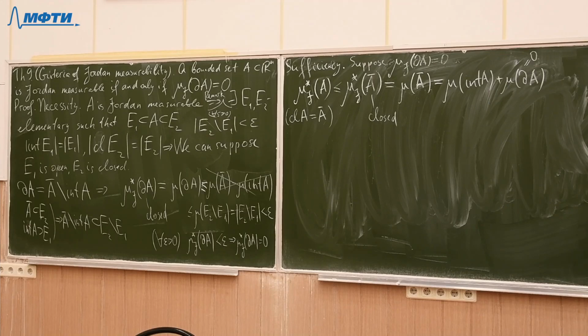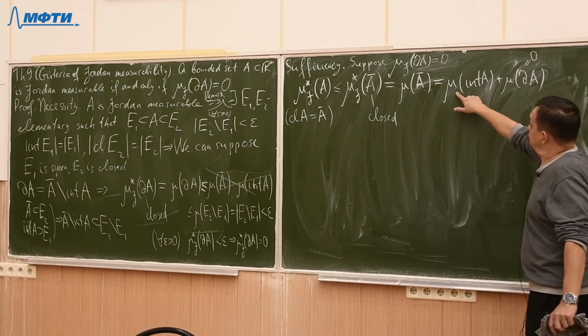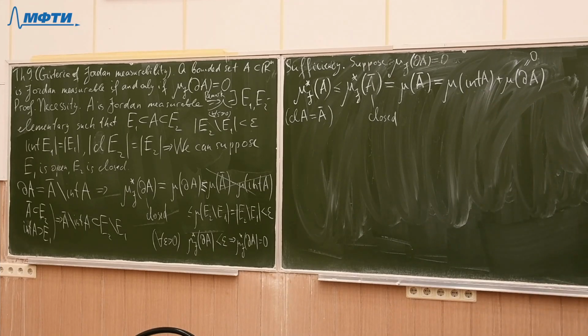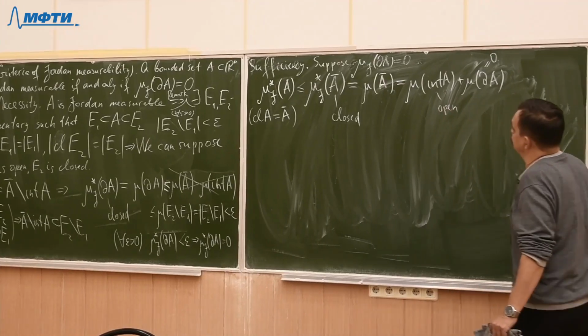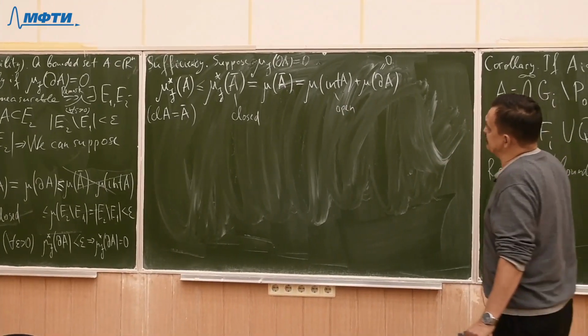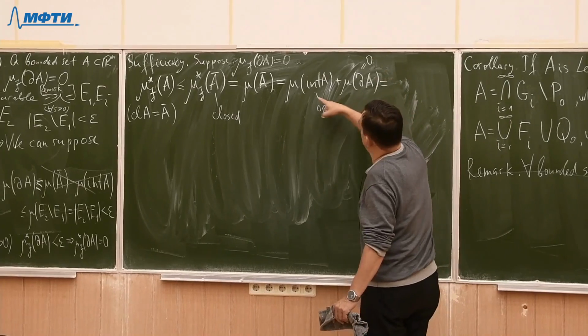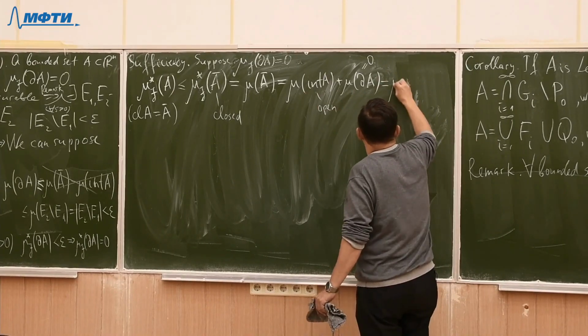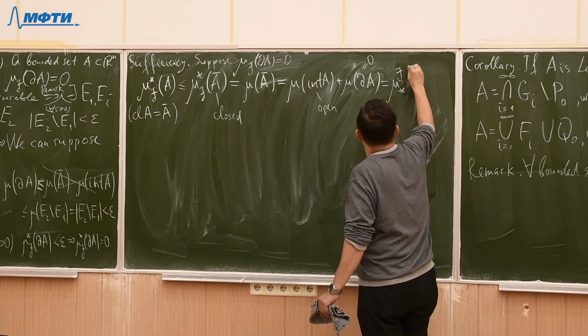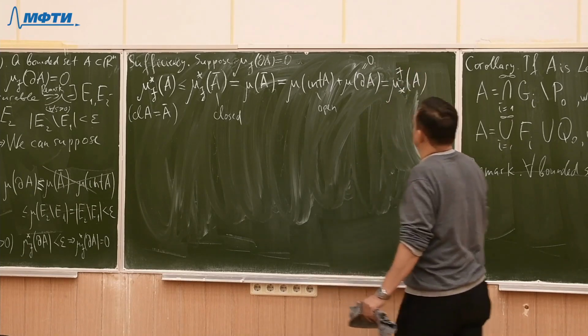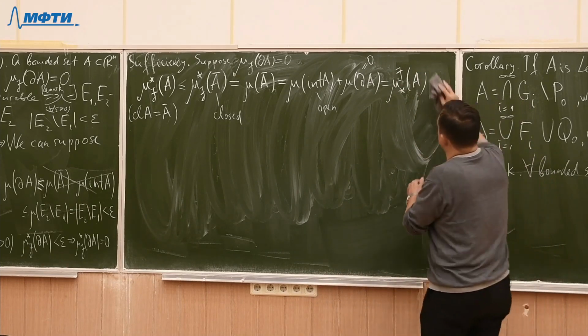So we obtain the measure of the interior of A, and the interior of A is an open set, and for open sets, Lebesgue measure coincides with inner Jordan measure of the interior.